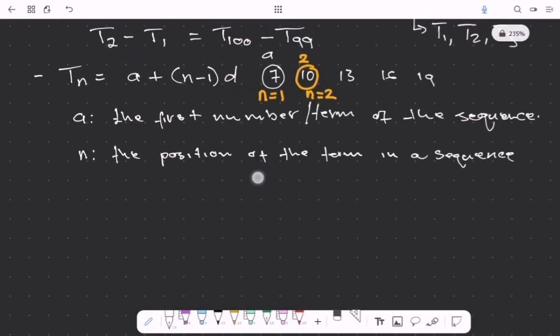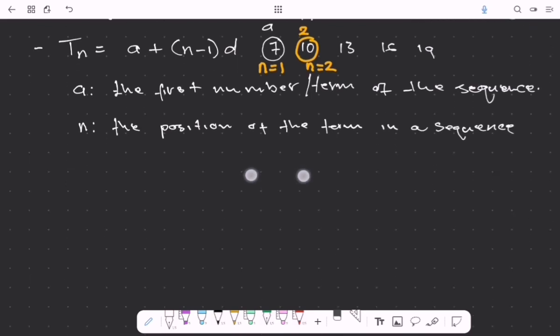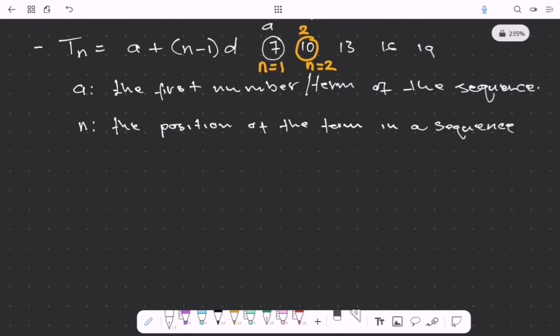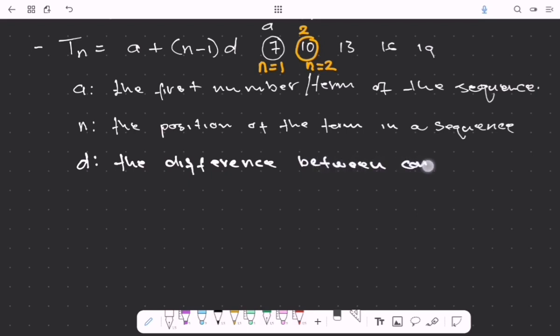So let's talk about now D. What is D? D in this case is the difference between consecutive terms, right?